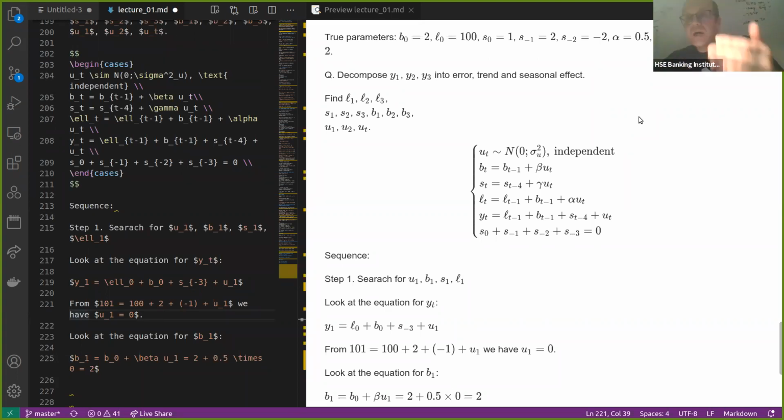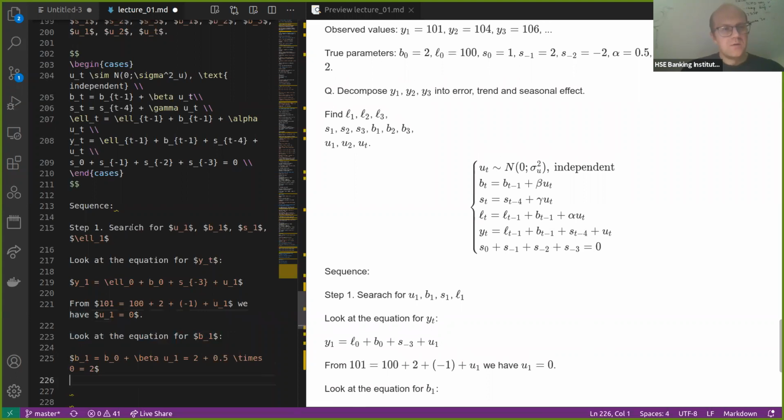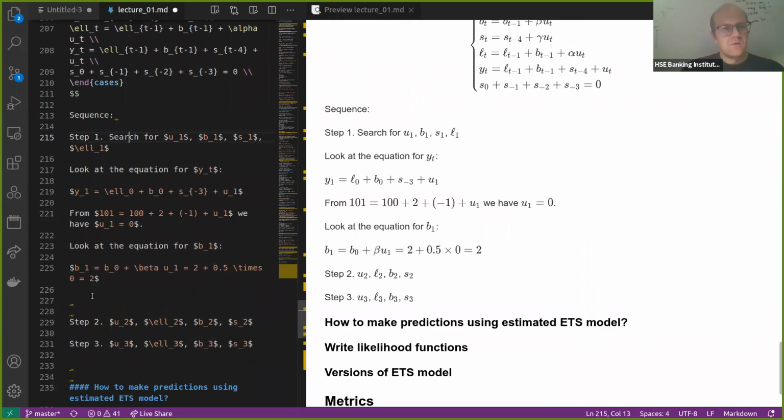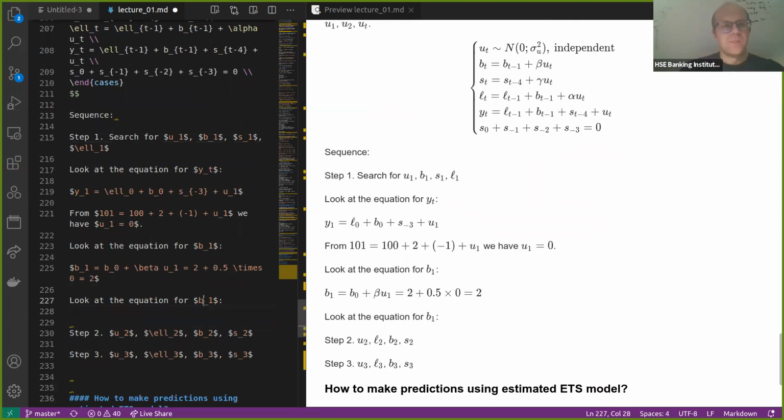We just need to find a good equation. Yeah, you are completely right. So we look at the equation for S1.